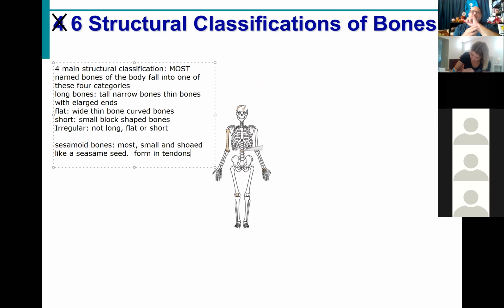Basically, what happens if a tendon gets stress on it, one of the things that will happen is a bone can form within that tendon that will help to change the angle of that tendon to try to make it a little bit more efficient, to take some of the stress off of the tendon.